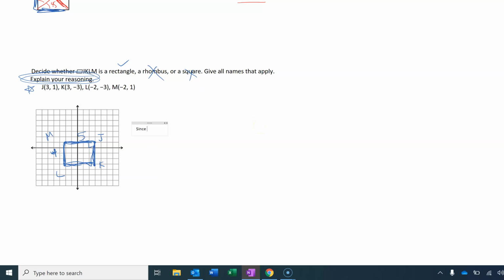So I'm going to say something along the lines of, since MJ and LK are horizontal lines and ML and JK are vertical lines, the angles are all right angles.